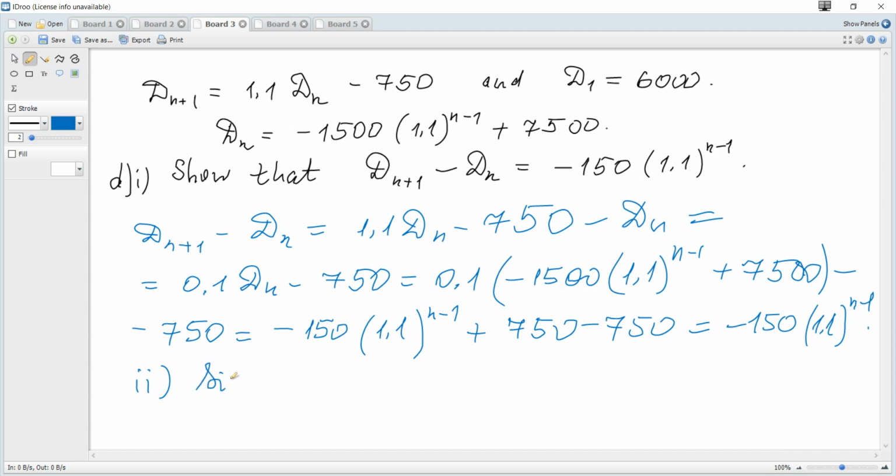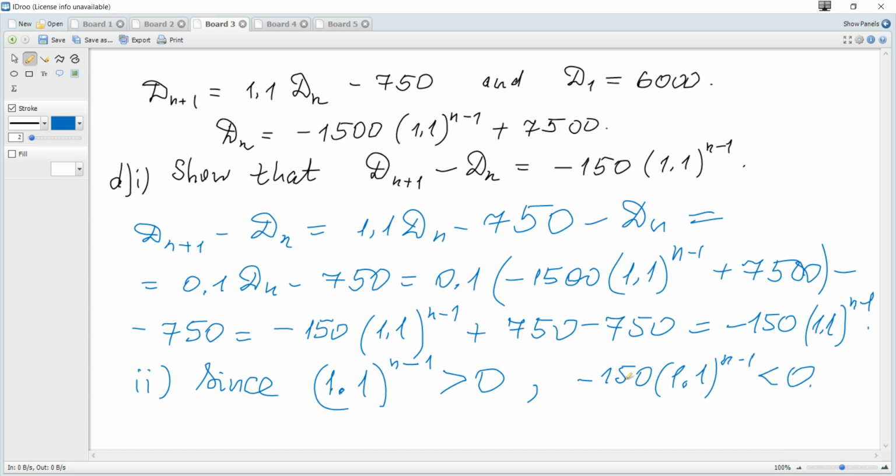So since 1.1 to n minus 1 is positive, because a number which is greater than 1 to some positive power is definitely positive, and hence negative 150 times 1.1 to n minus 1 is negative, but it is equal to what?